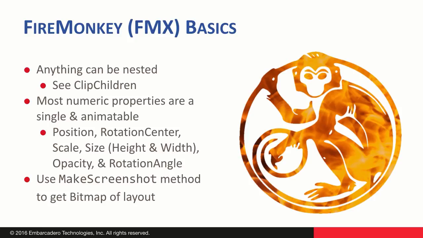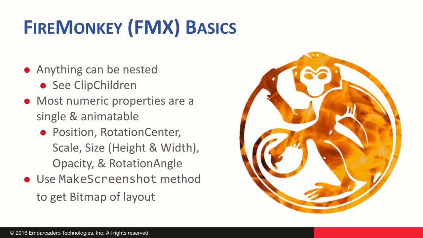Very, very flexible. There's a property called clip children. So let's say, for example, if you put an edit box down and you put a label in the edit box, if you move the label outside the area of the edit box and clip children's set to false, then you can still see the label. But if you turn clip children on to true, then that label will disappear if it's outside the client area of the edit box.